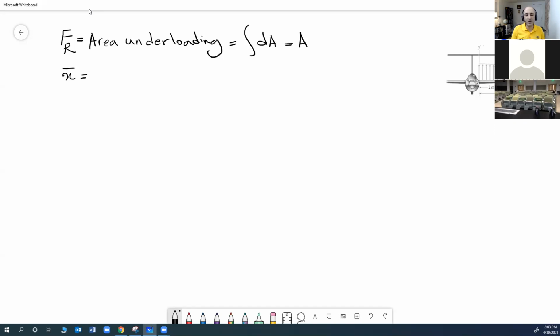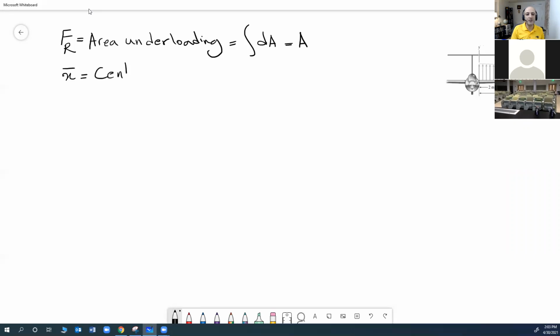What is X bar? Again, in words. Distance to the centroid. So it's the distance to what? The centroid of the area.